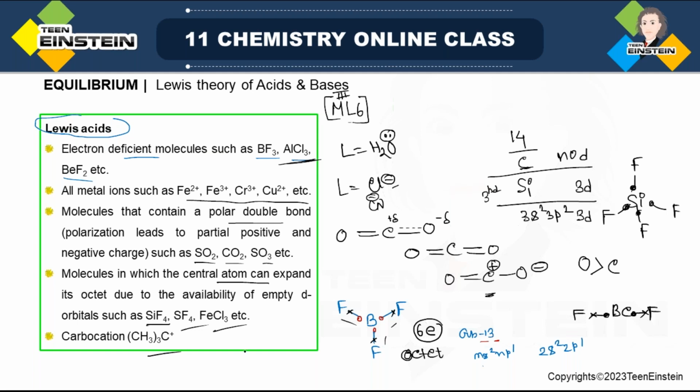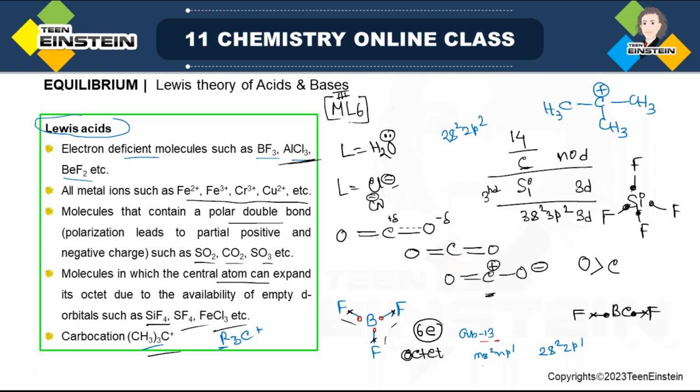Then the last example, carbocation. In general, I can write it as R3C plus. This R may be H, or any alkyl group. In this case, we have 3 methyl groups surrounding it. Now carbon is carrying positive charge, and carbon's valence electrons are 2s2 2p2, and it would use all these 4 electrons for bond formation.